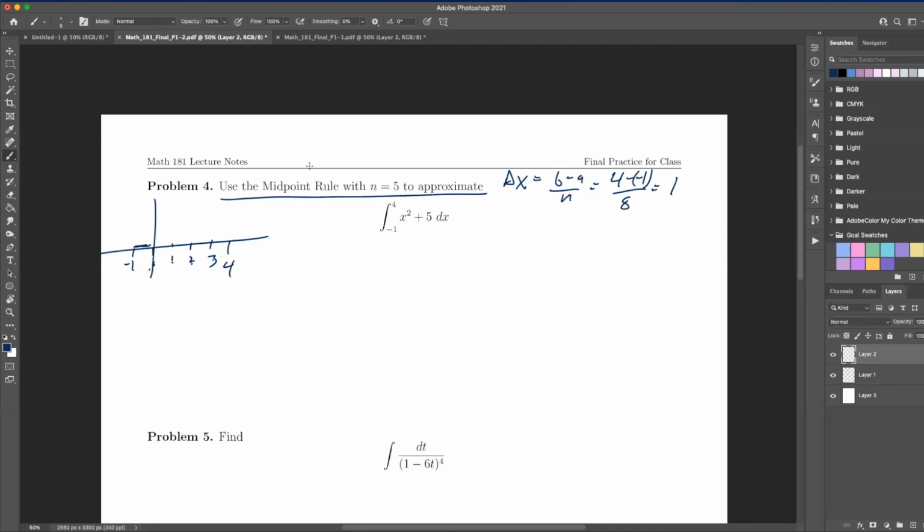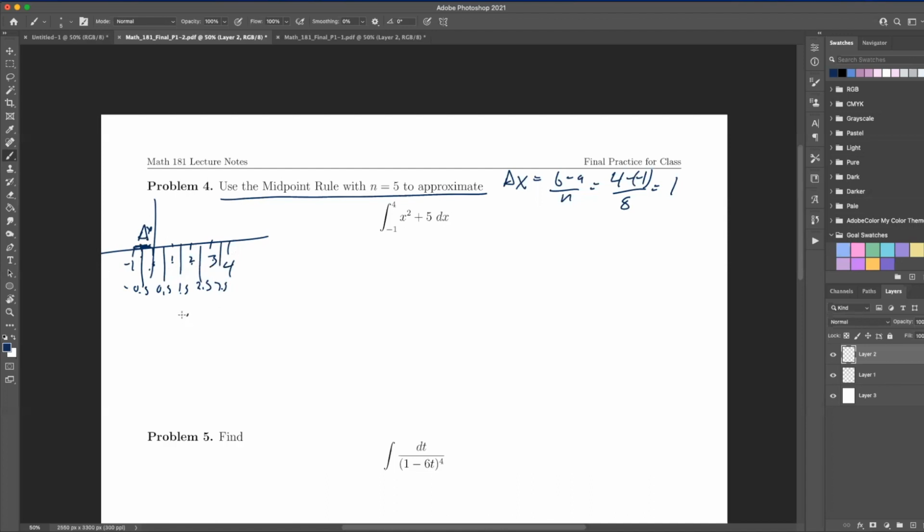We're using the midpoint rule. And so the points I'm going to use, so this is my delta x, are negative 0.5, 0.5, 1.5, 2.5, and 3.5. Okay, so I'm using the midpoint in order to find my values.